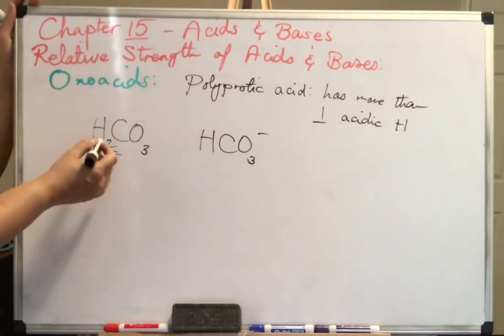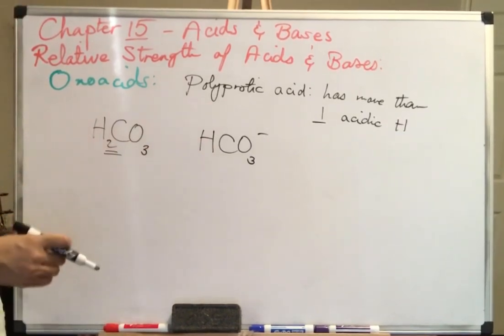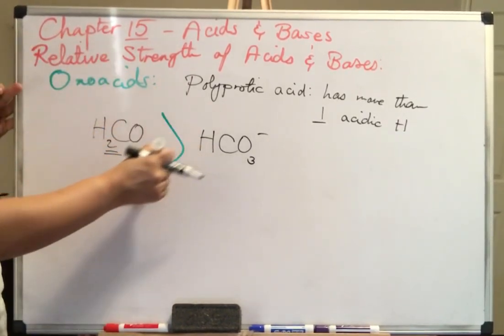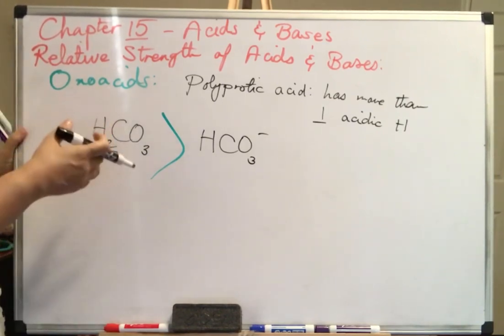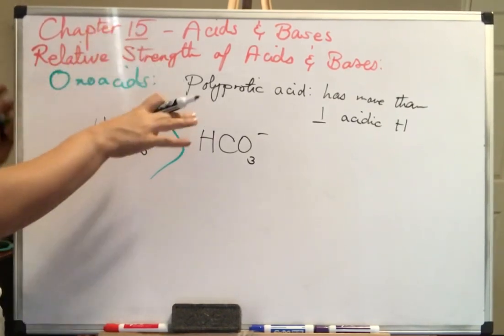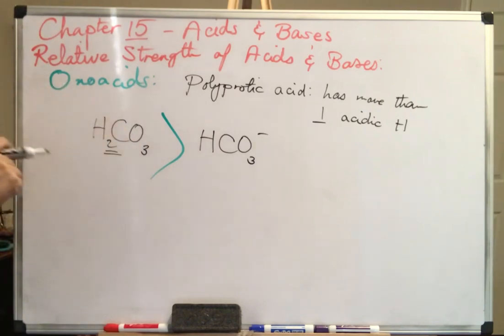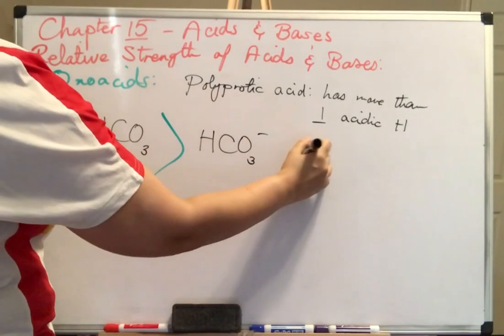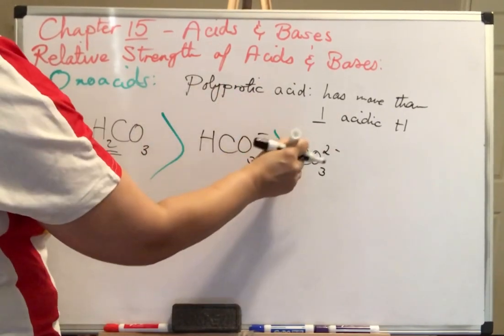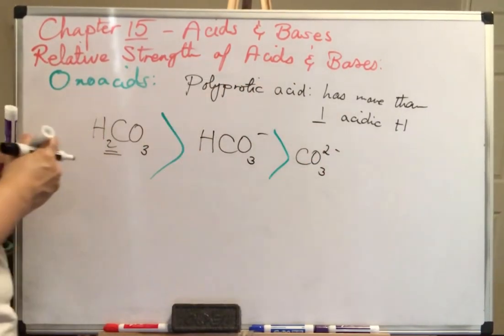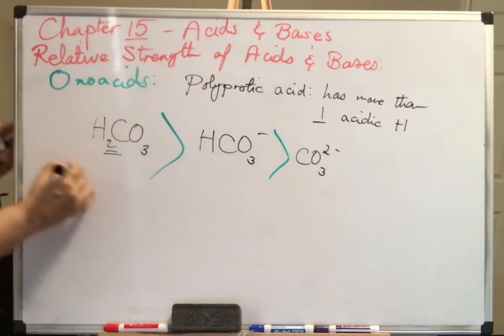So between these two, H2CO3 is stronger. Basically, by losing the hydrogen, by losing the proton, acidic strength decreases. If it loses one more hydrogen, the last one is even weaker.